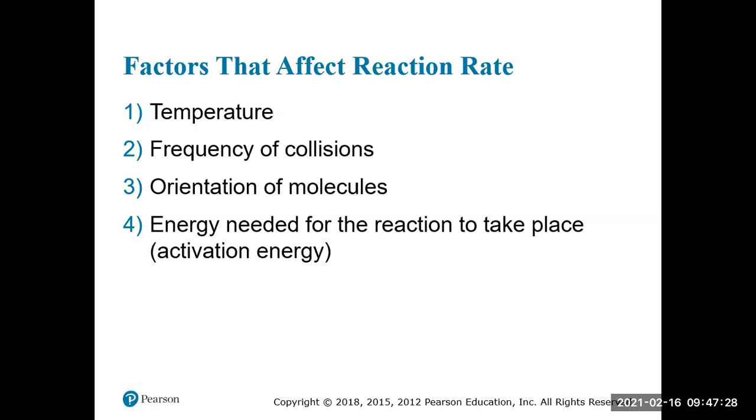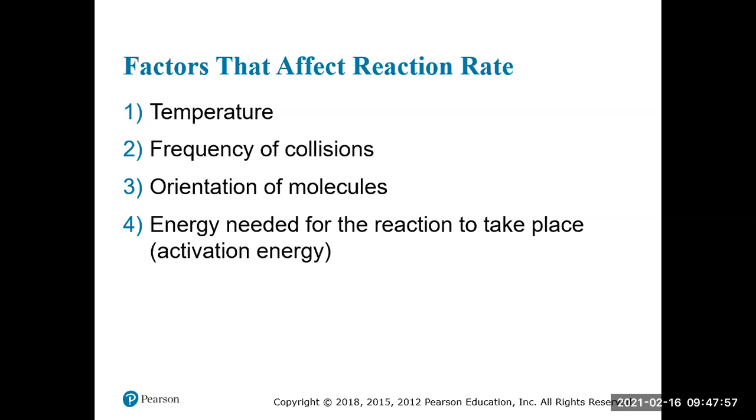The final thing is that there's a certain amount of energy that's needed for reactions to take place. If you think about it, usually there's some type of bond breaking occurring. And we talked previously about how to break bonds in chemicals, you have to put energy in. If it's not the right amount of energy, the bond breaking doesn't occur. So you've got to have the collision, the orientation, and the right amount of energy.